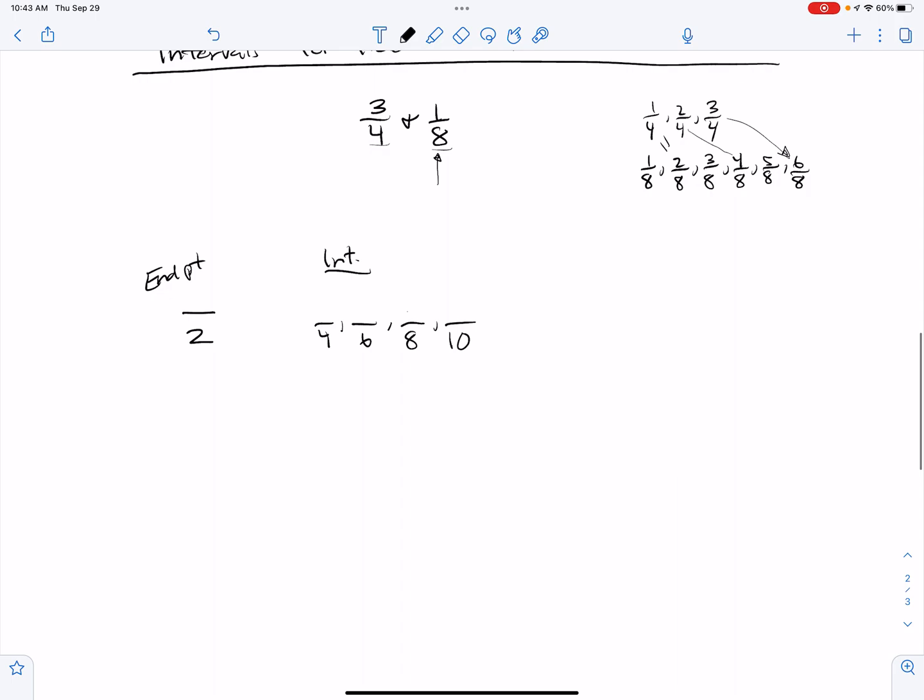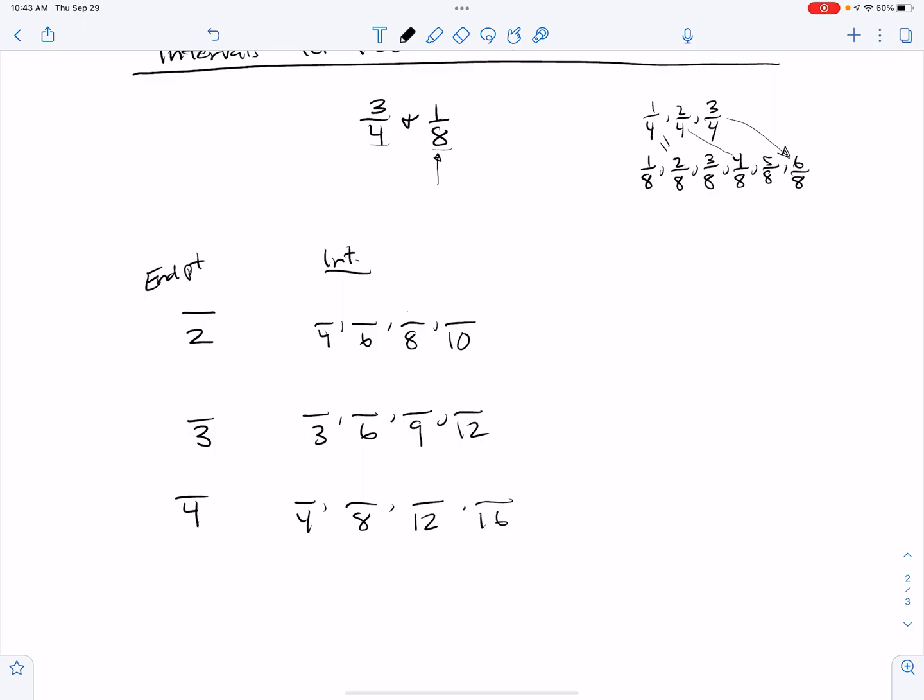If you have a fraction with a 3 in the denominator, your interval might be thirds. It could be sixths, could be ninths, could be twelfths, and it all depends on what the other fraction is. Same thing with fourths. We could have an interval that is fourths, or maybe it's eighths, or maybe it's twelfths, maybe it's sixteenths. And that's like what we saw in our example up here.